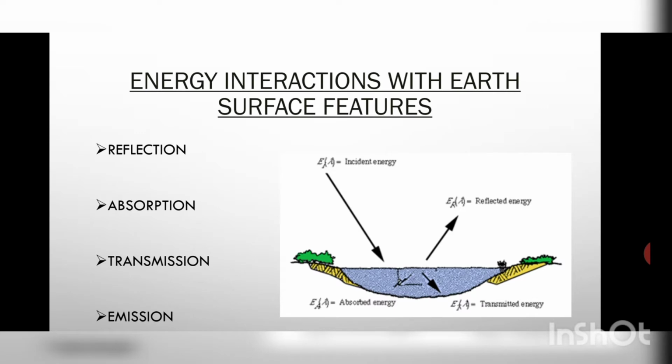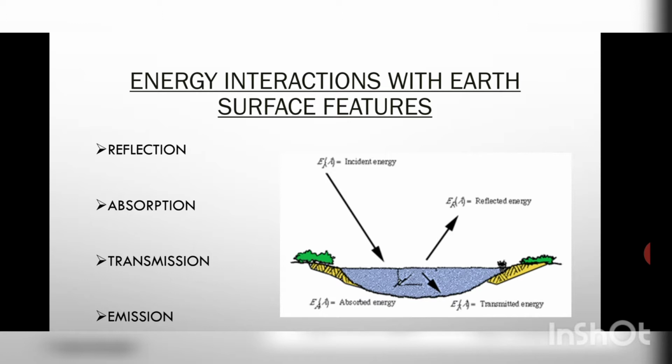Now let's look at the types of energy interactions. Reflection. Reflection occurs when the radiation bounces off the target and is redirected. Absorption occurs when the radiation is absorbed into the target. Transmission occurs when radiation passes through the target.